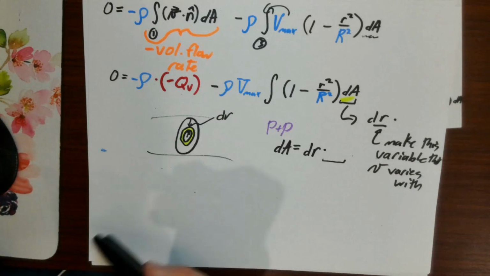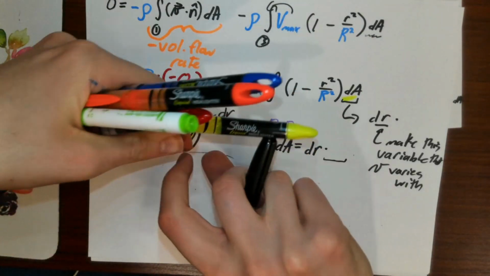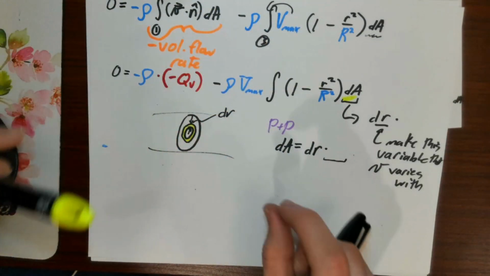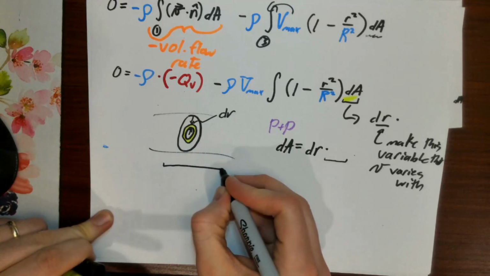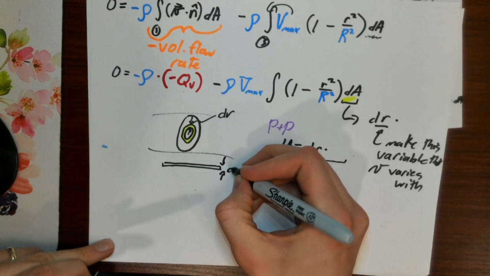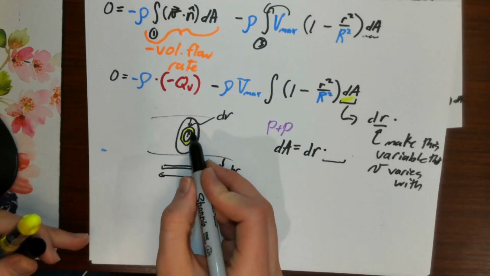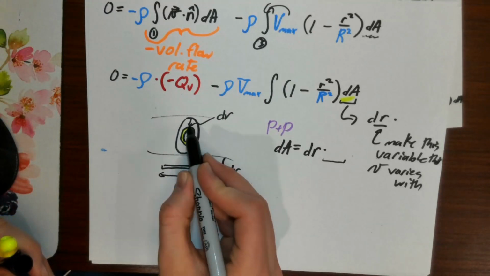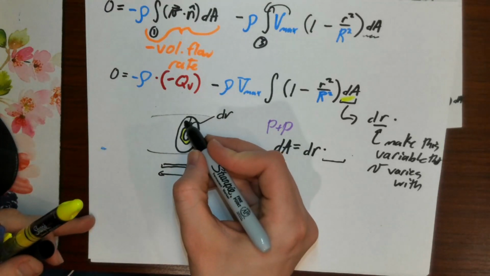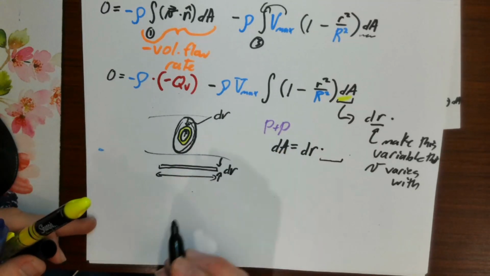Well, you can imagine if I took this ring and made it infinitesimally thin and then unwrapped it into a little rectangle. One of the dimensions is dr, and the other dimension is essentially the circumference of this whole ring. The circumference is going to be different for different rings, right? If I have a ring at the outside, the circumference is different from a ring closer to the center.